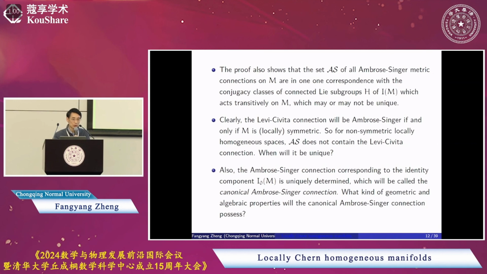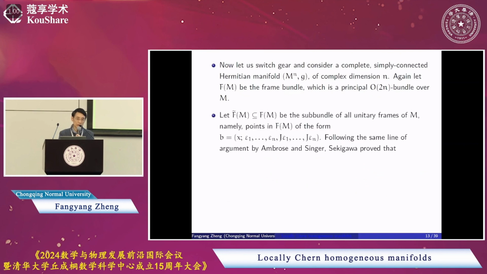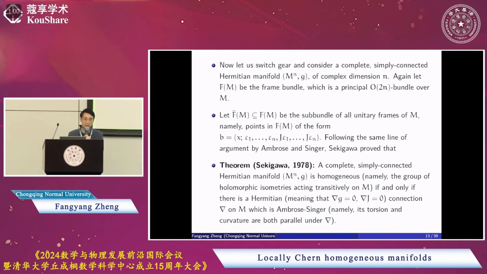So you can ask, for example, what's the property of the Ambrose-Singer connection corresponding to the largest, which is the isometry group itself? Things like that. In the Hermitian version, there is also this theorem by a Japanese mathematician, which basically says that the Ambrose-Singer theorem holds in the Hermitian setting in exactly the same way.